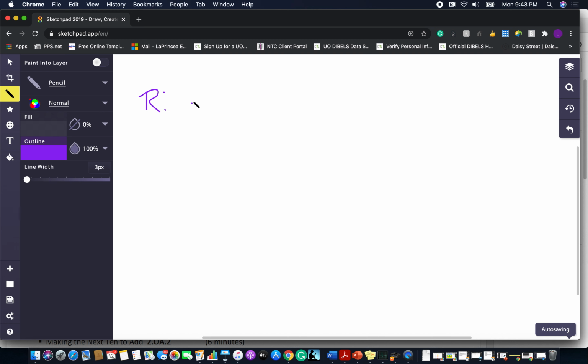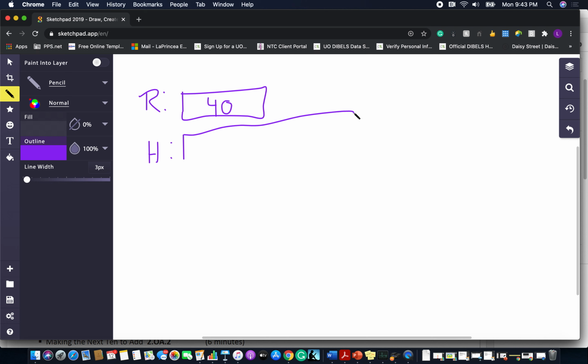R stands for rug. I know that on the rug, it traveled a total of 40 centimeters. On the hardwood floor, it traveled a total of 95 centimeters. Let me just fix my line.